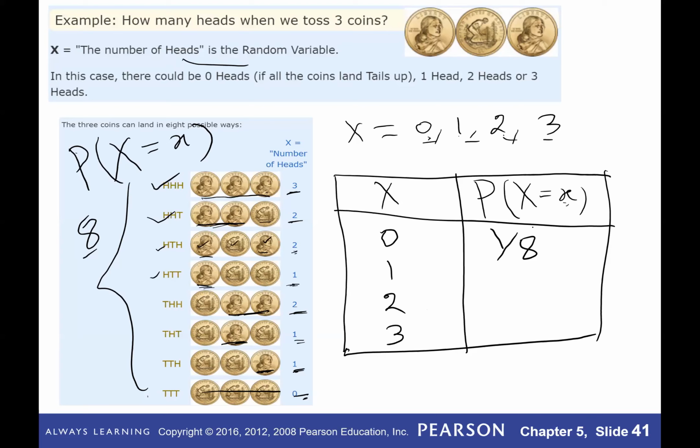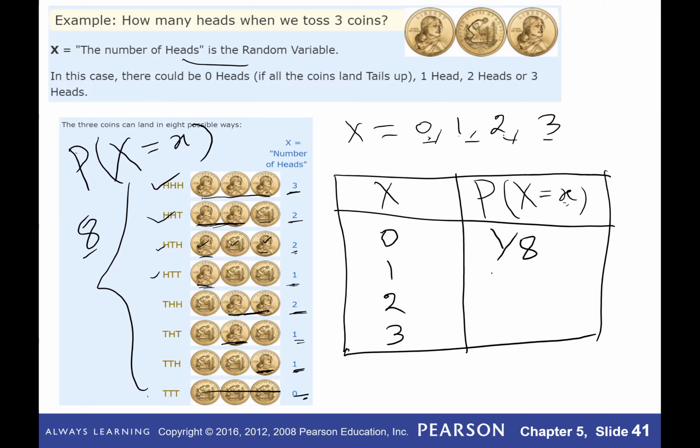What is the corresponding probability for x equal 1? Anyone? When x is 1, is it 1 over 8? Or how many ones do we have here? We have 3, right? So it will be 3 over 8.